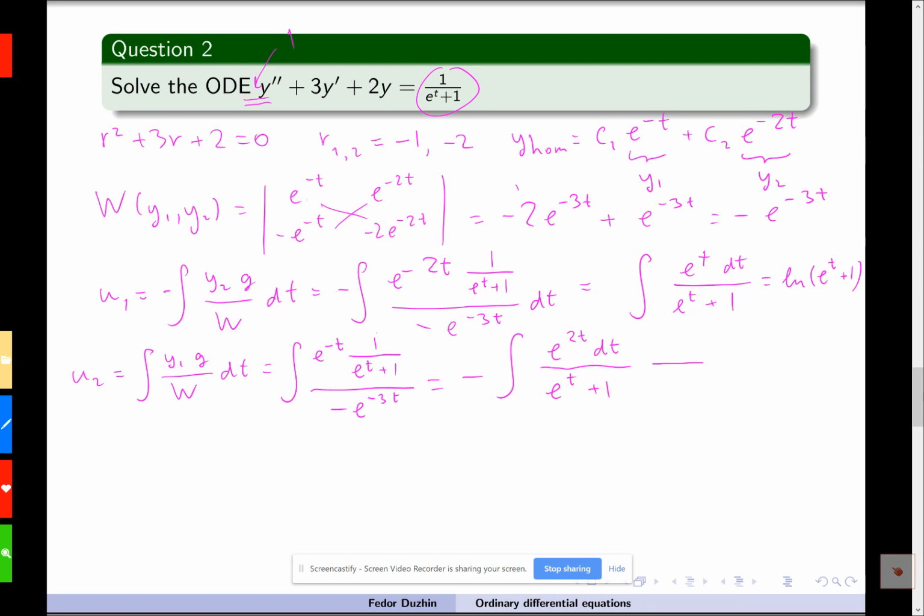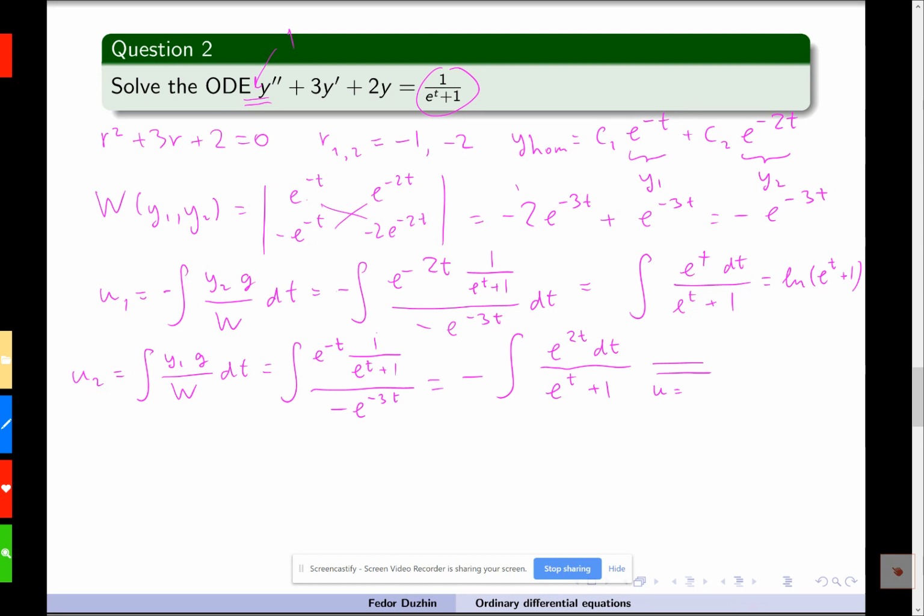Okay, so how do we do this? This is a bit more complicated, but I hope it's not too bad. So we need to do a u substitution. As a matter of fact, I did a u substitution in the previous integral, only I did it in my head, so I did not write it down explicitly.